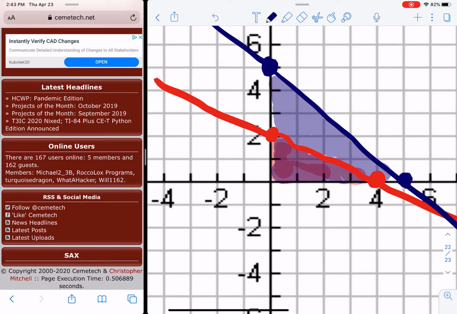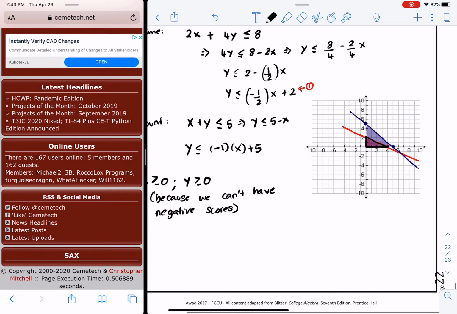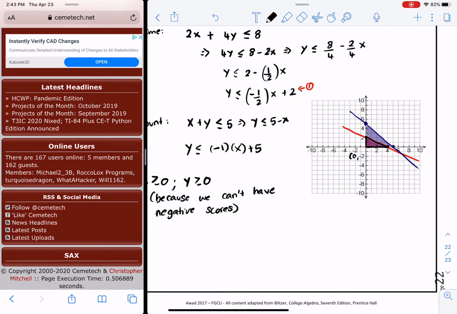So the feasible region would be those, and the corner points are 0, 0, 4, 0, and 0, 2.